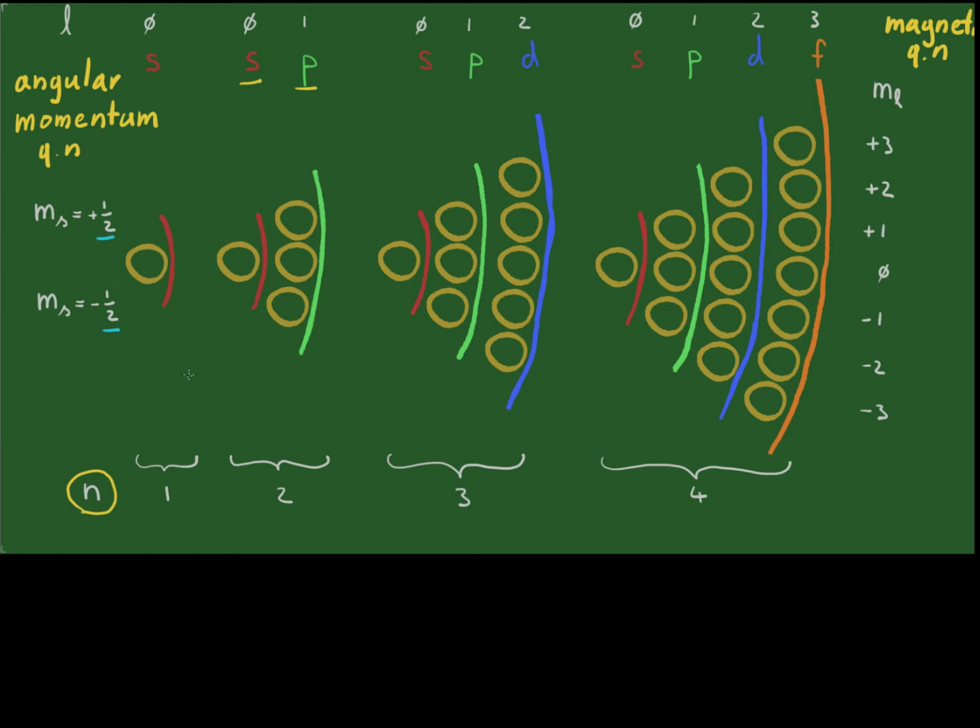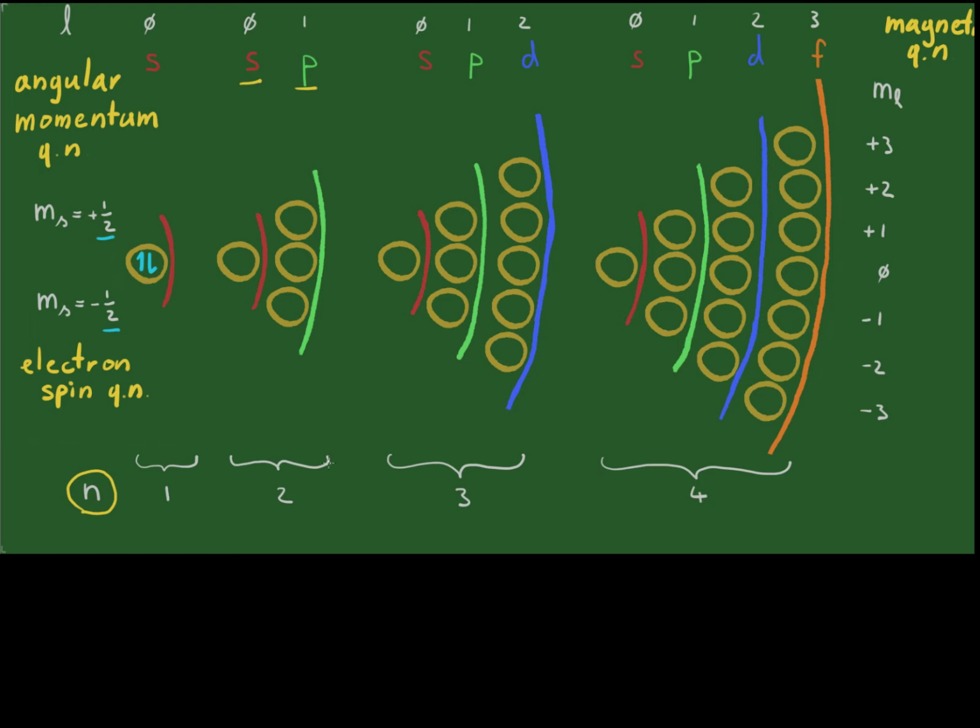That depends on whether the electron is spinning up, in which case it gets a positive half, or spinning down, in which case it gets a negative half. And this ms is known as the electron spin quantum number. And those are the 4 quantum numbers.